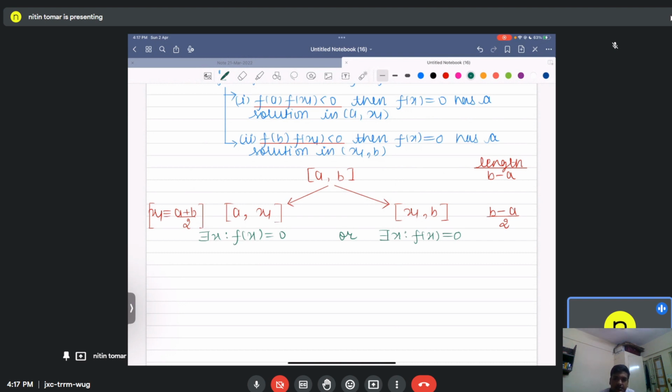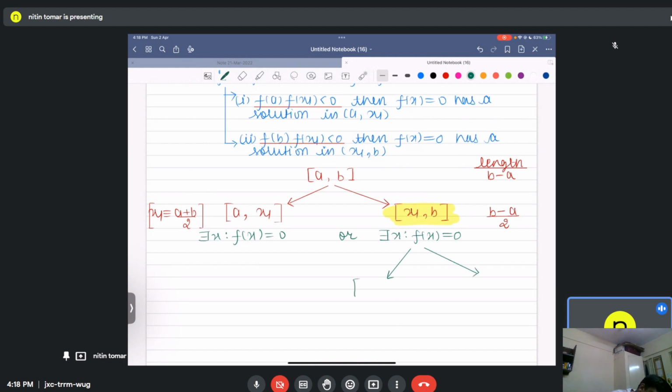So it is a success in the sense that up until now we were thinking the root is in the interval a comma b. After completing step 1, the intermediate value theorem guarantees that you can find the root in an interval which has half of the length of the previous interval. So let's say, without loss of generality, the root is here, then again you split it into half, okay.